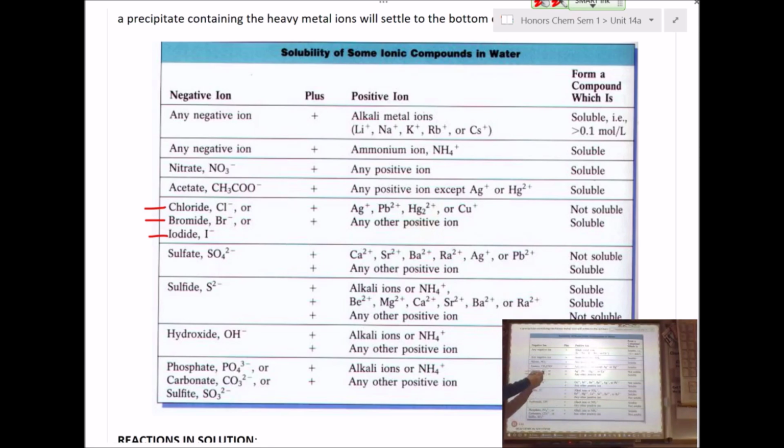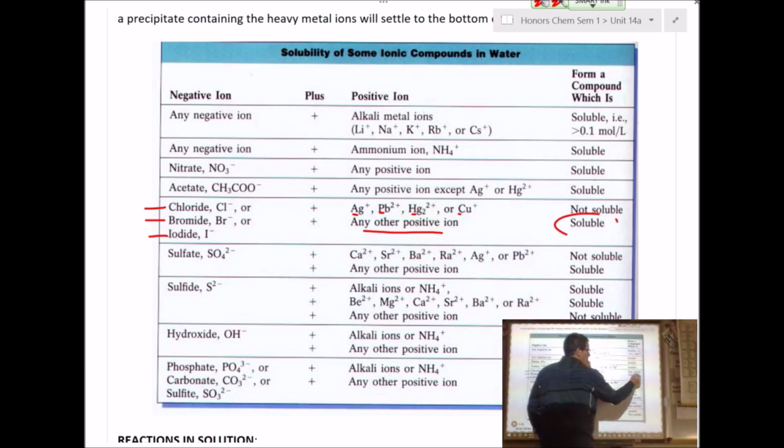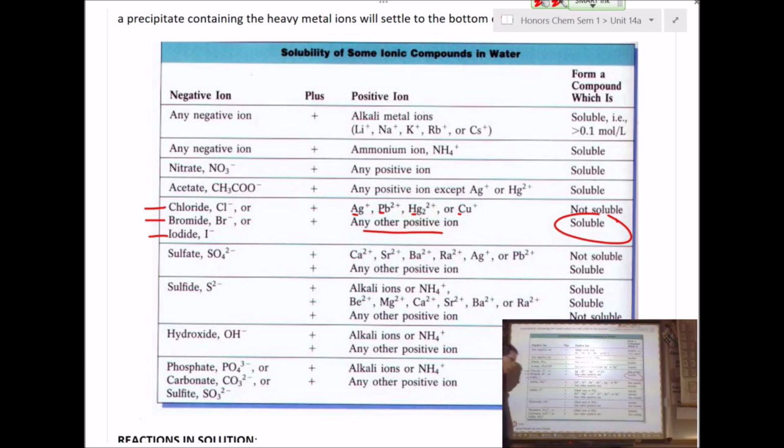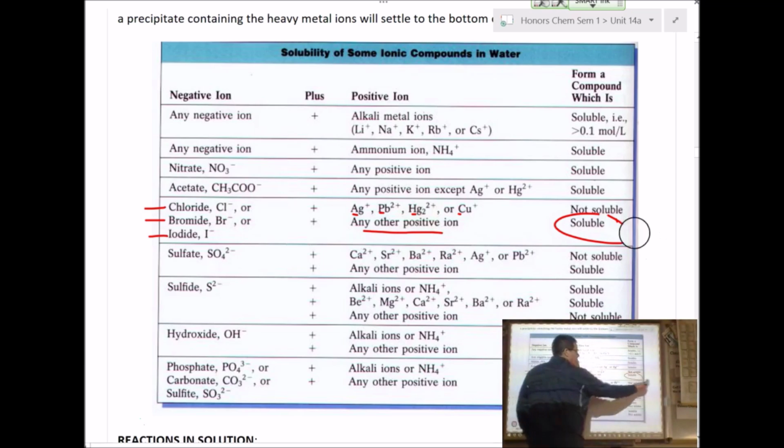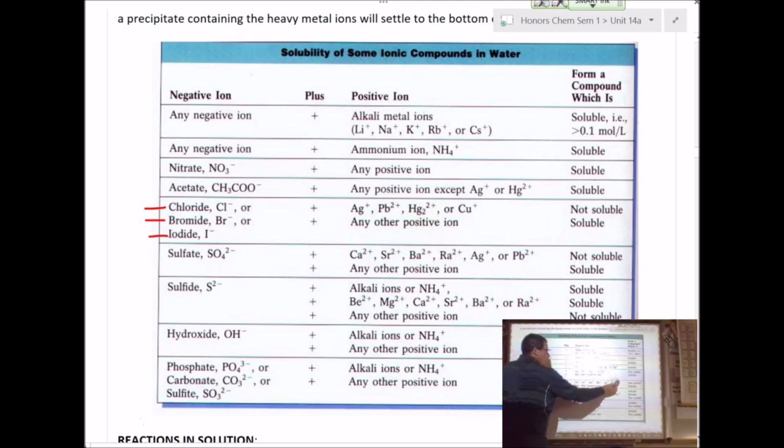But we're only looking at the chlorine. So is chlorine with lithium, silver, lead, mercury, or copper? No. So it has to be any other positive ion, which means that the lithium chloride is soluble, which means it does not form a precipitate or does not form a solid. So in that case, will we have some spectator ions in this solution?